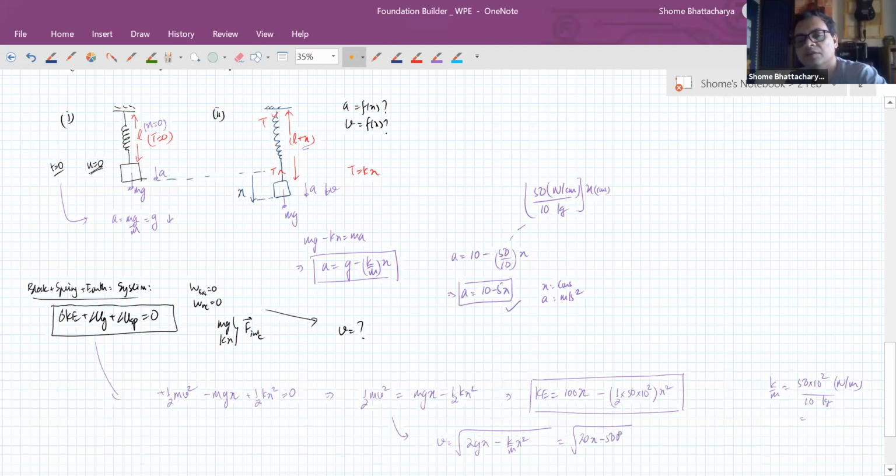So that's 500 x square. So this is your v as a function of x, whereas this was your acceleration as a function of x. So these are the two parts which are giving you the answer for this thing.